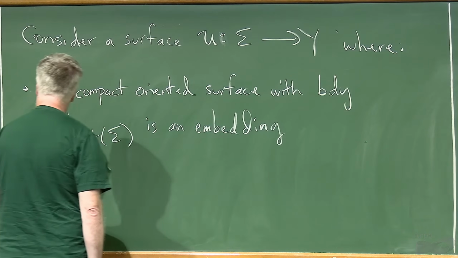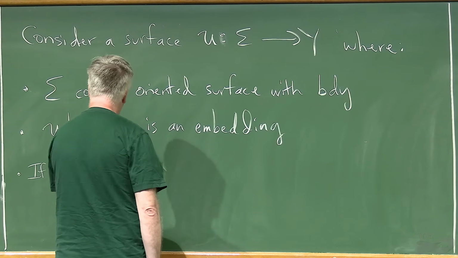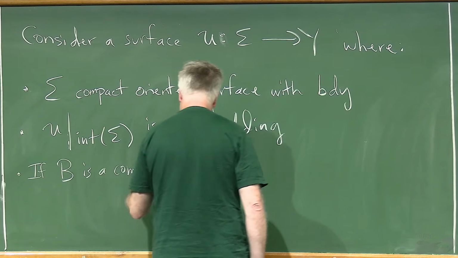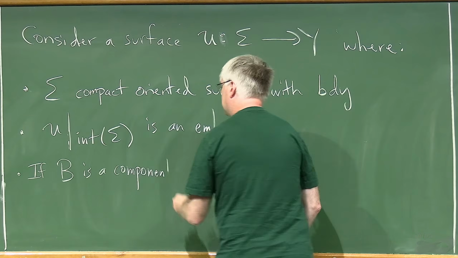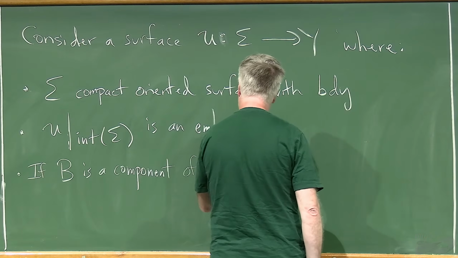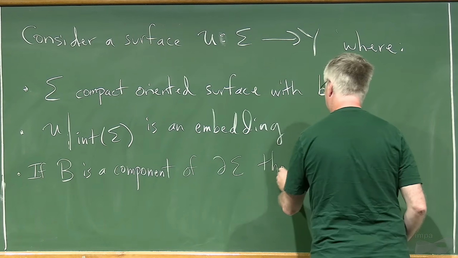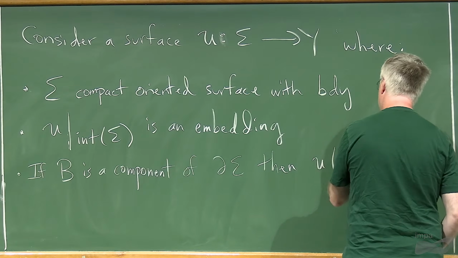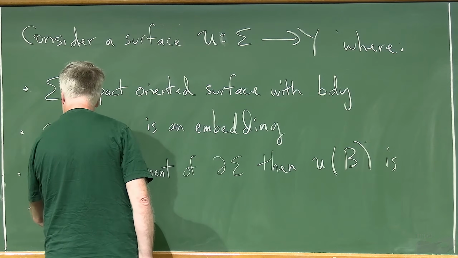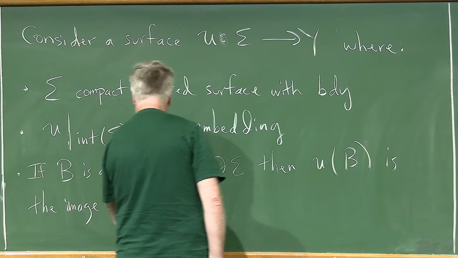And if B is a component of the boundary of sigma, then U of B is the image of a Reeb orbit.